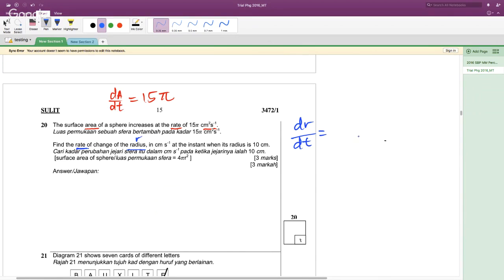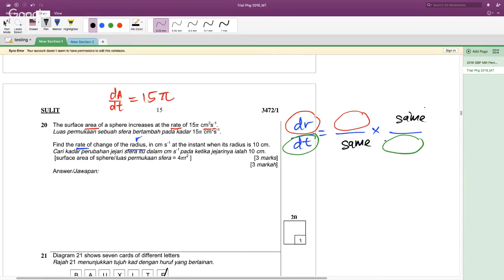This is how I do the chain rule: I will draw two lines over here, and then add a multiply. The one on the top here, I will write here. The one at the bottom here, I will write here. And then whatever is in the middle here must be the same thing. Therefore, after you simplify these two, you still get back the same thing. This is the whole idea of doing this one.